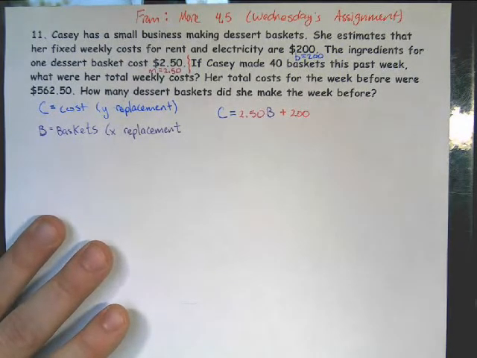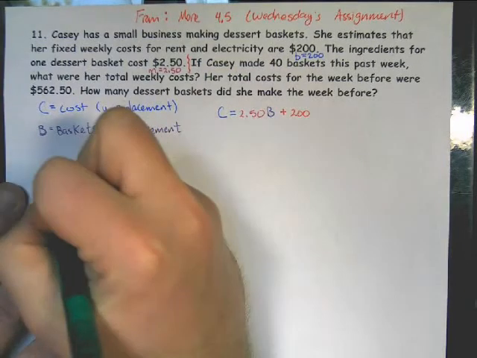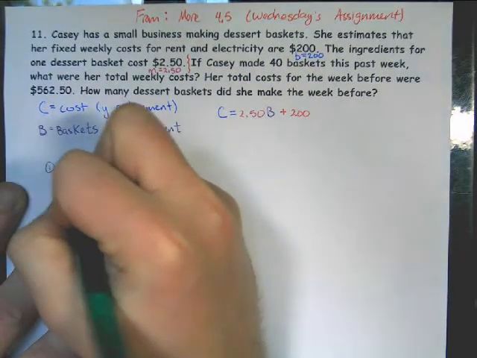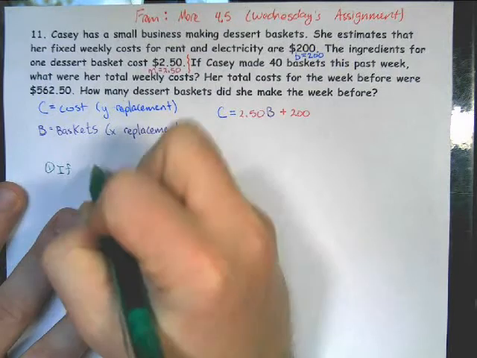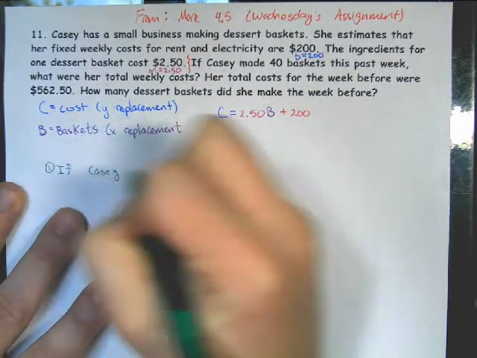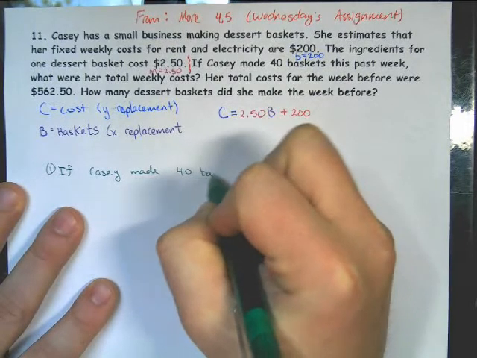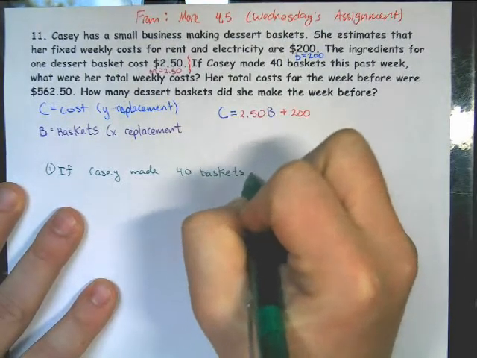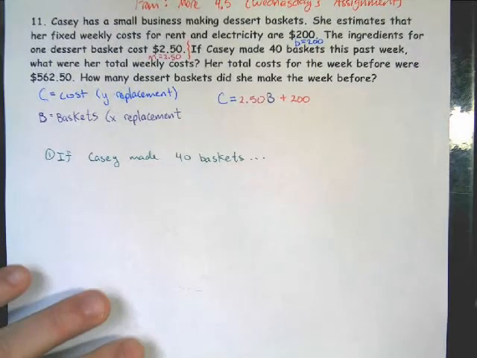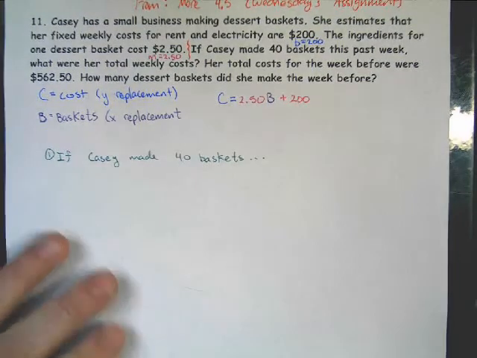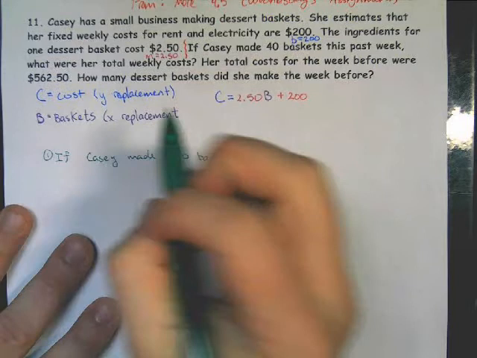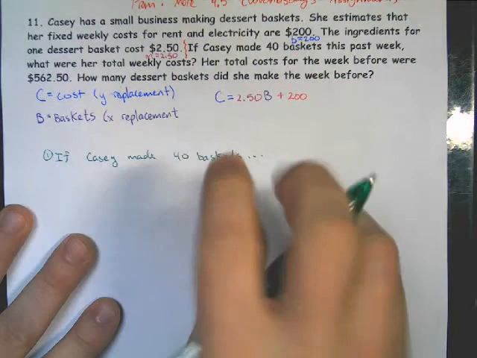Question 1 asked, if Casey made 40 baskets. Let's plug in 40.